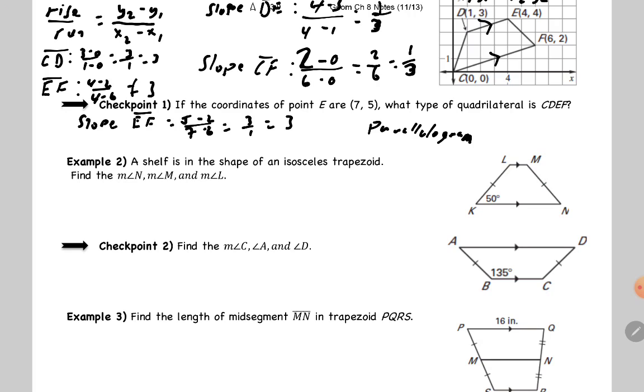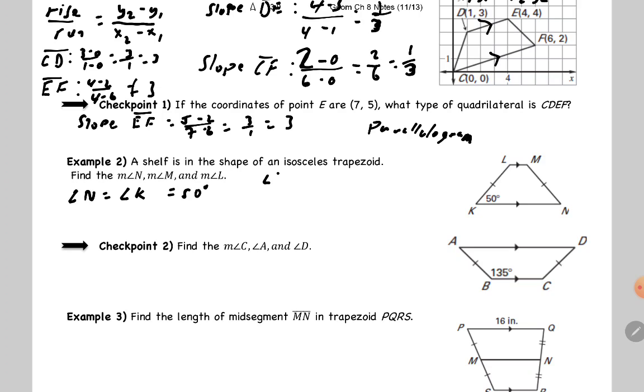So because we know it's an isosceles trapezoid, we know that angle N is equal to angle K, which is 50 degrees. We also know that consecutive angles that are not base angles are supplementary.